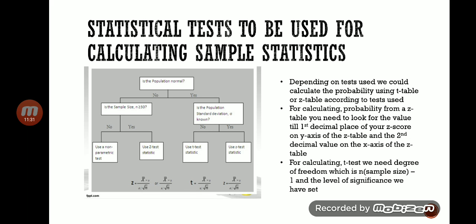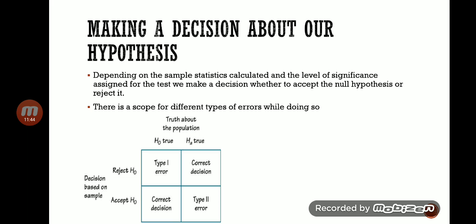If our t value is greater than that value or less than that value, depending on that we can take a call whether to reject our null hypothesis or to accept our null hypothesis.